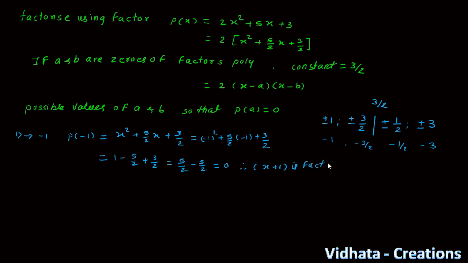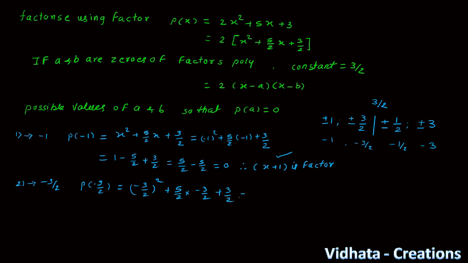Okay, here you got that it is a factor. Now let us check for the value x equal to -3 by 2. For that, we take the value -3 by 2 in the polynomial. That gives (-3 by 2) square plus 5 by 2 into x, where x means -3 by 2, plus 3 by 2.